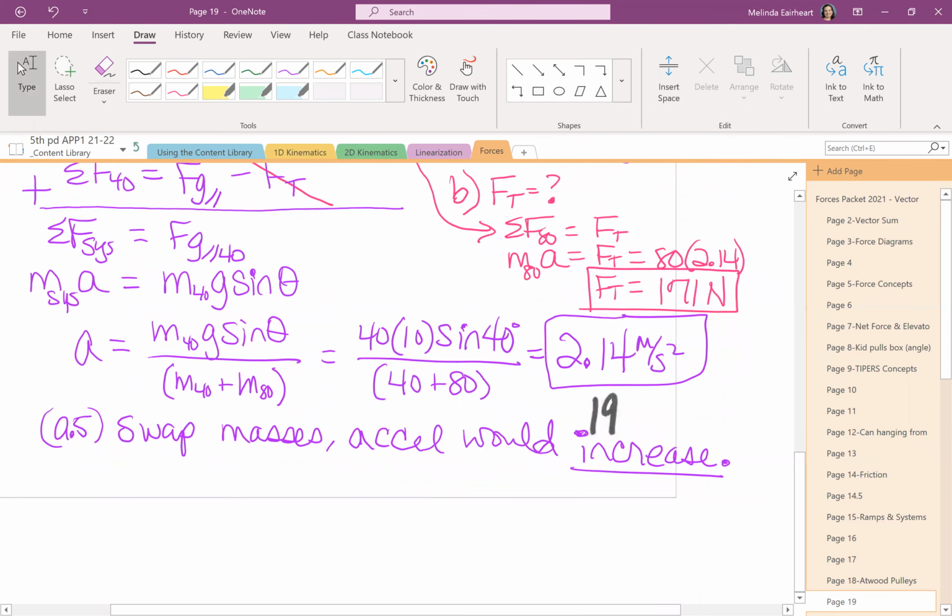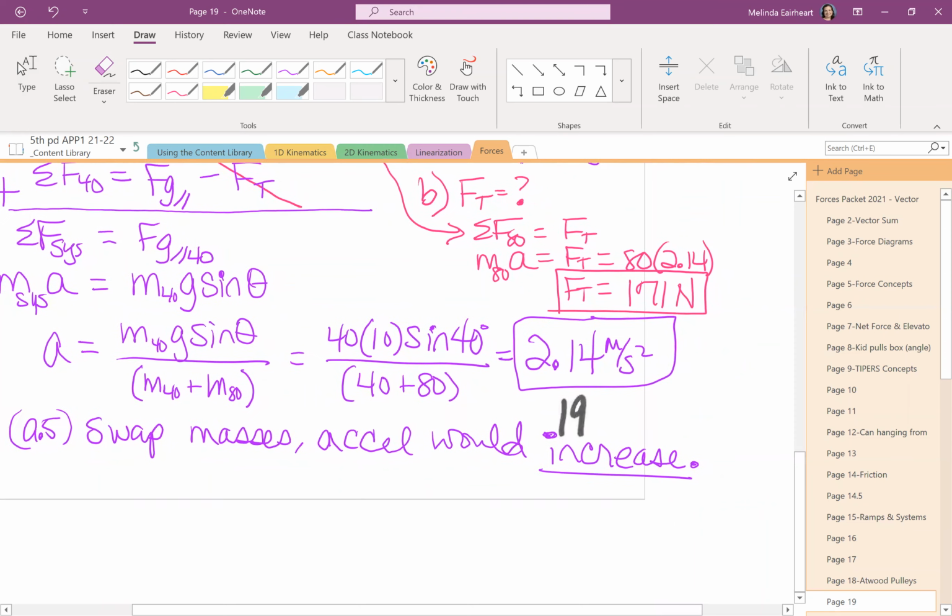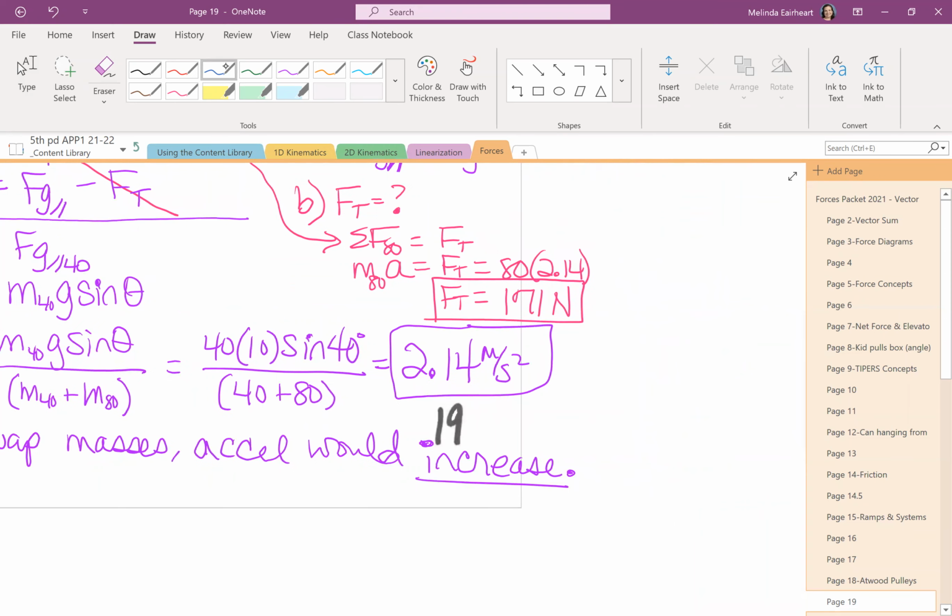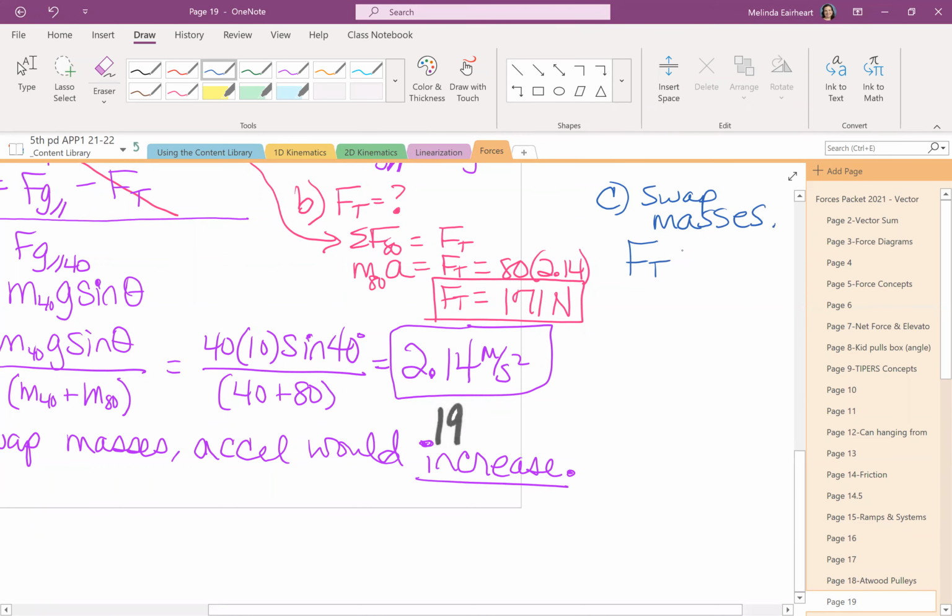All right, well then part C, swap the masses again, right? And this really is helpful when it's frictionless. Okay, it gets more complicated when there's friction because you have friction on a different normal force. But if you swap the masses, what happens to the tension? Right, and so for part C, when we swap the masses, if we're consistent and say, well, tension equals M40A, right?